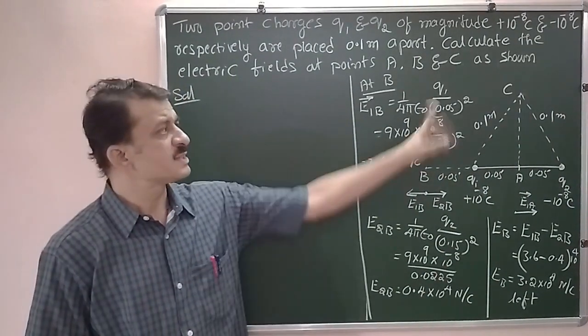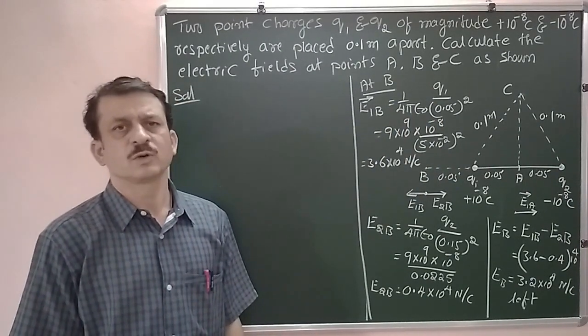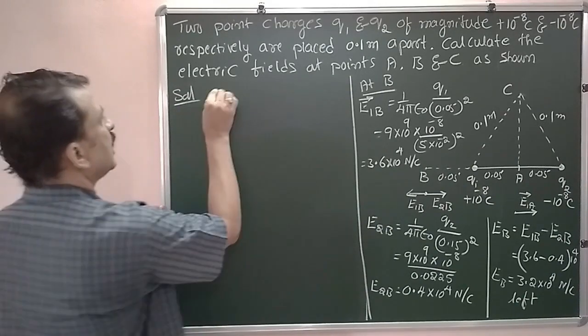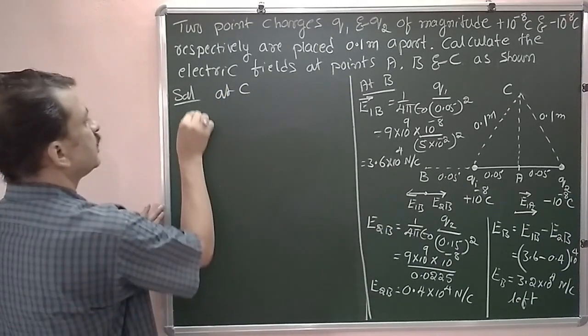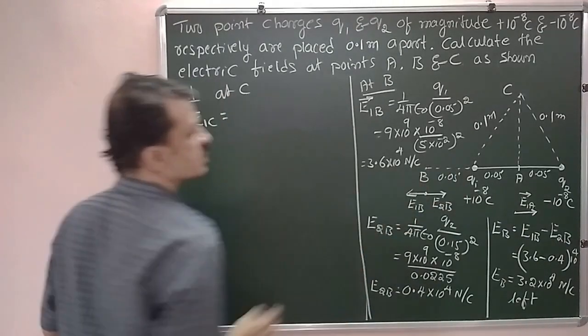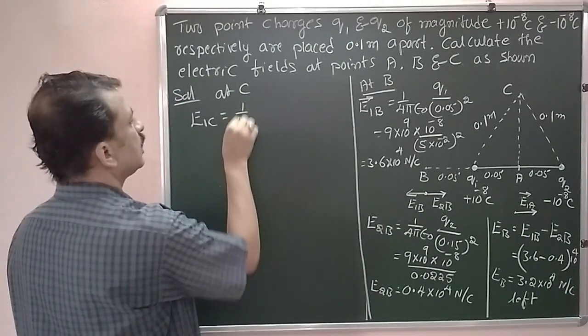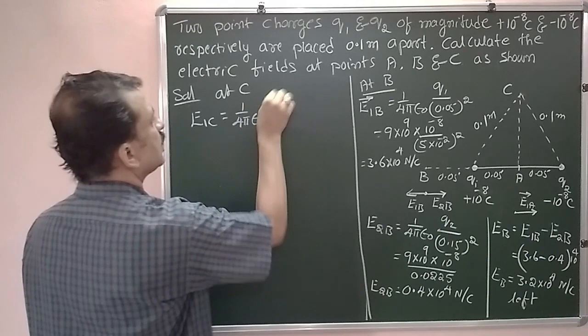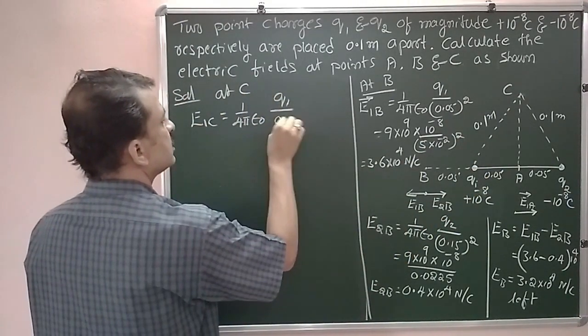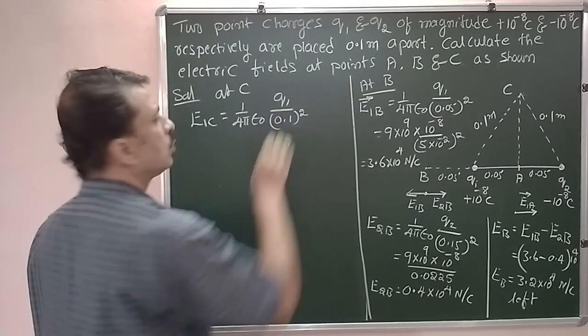Now the third point is C, where we are going to work out the electric field due to those two charges. At C, let me take the electric field E1C due to the positive charge. It is 1 divided by 4 pi epsilon naught Q1 divided by the distance 0.1 whole square.